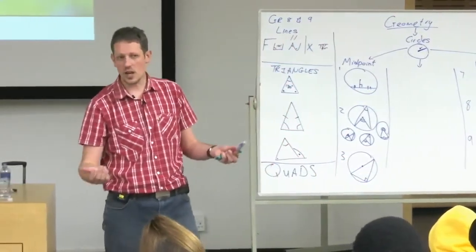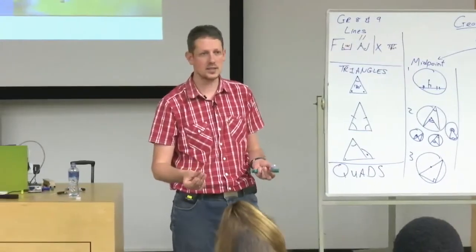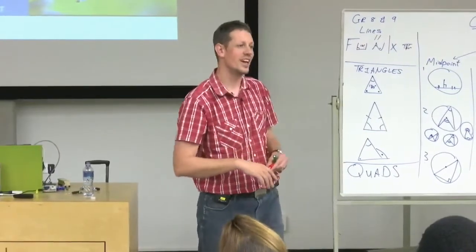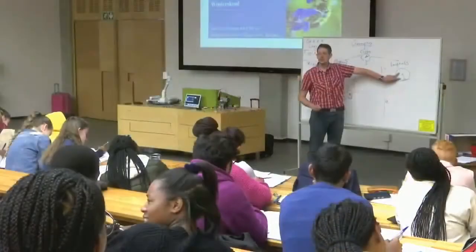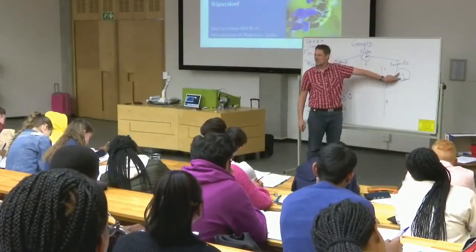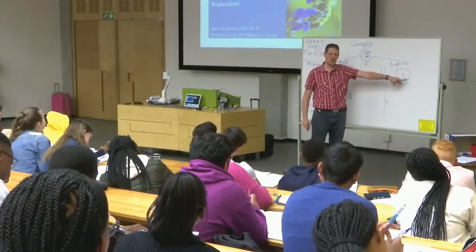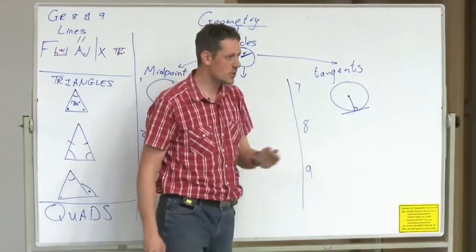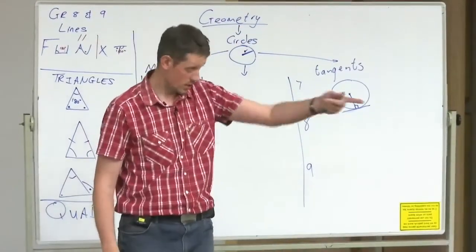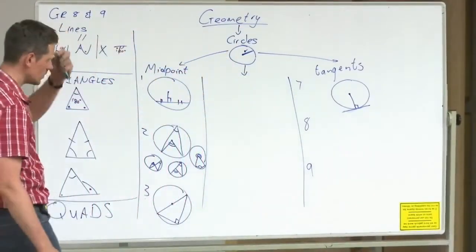Okay, now you guys are going, but I haven't done circles in analytical geometry. That's okay. But remember, if I get the gradient of the radius, I can get the gradient of the tangent, because their product has to be -1.